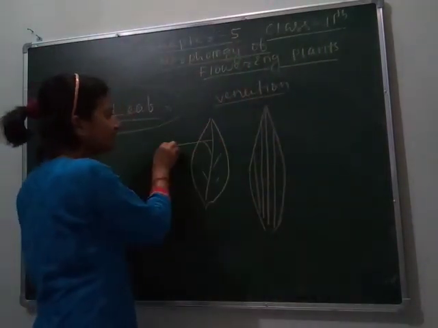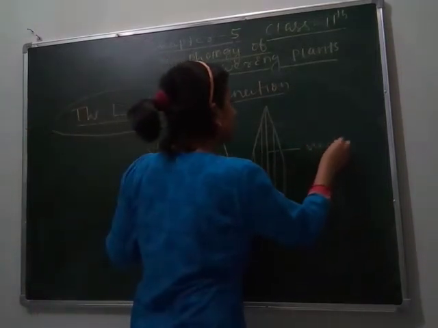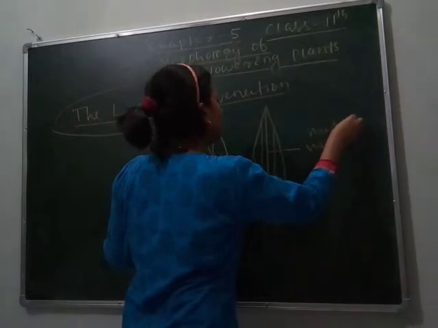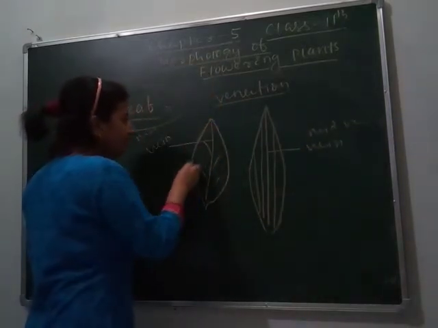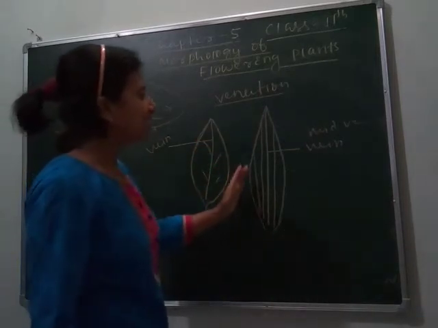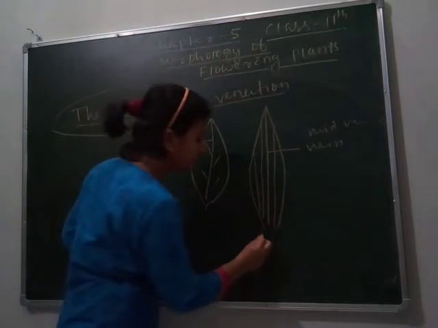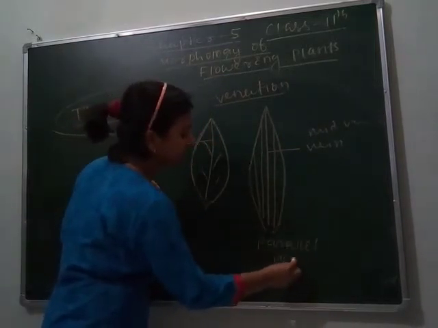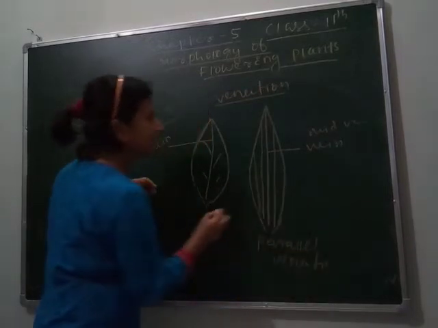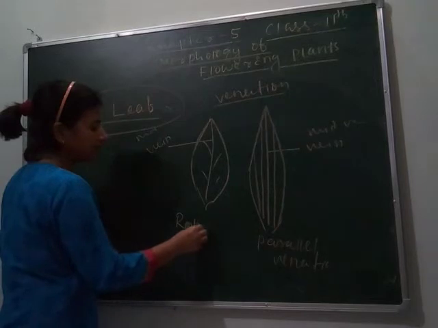This is called a vein, which is the midvein. This is also a midvein. This is the leaf lamina. One is parallel venation and another is reticulate venation. This one is parallel venation and this is reticulate venation.